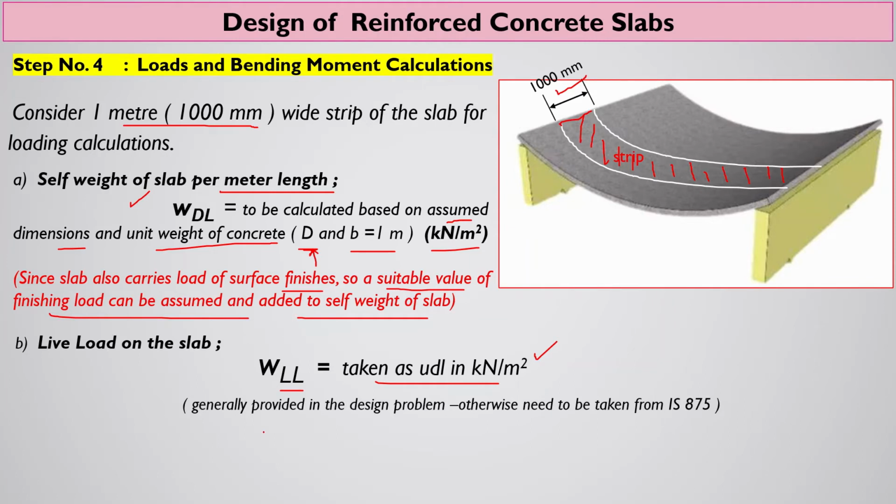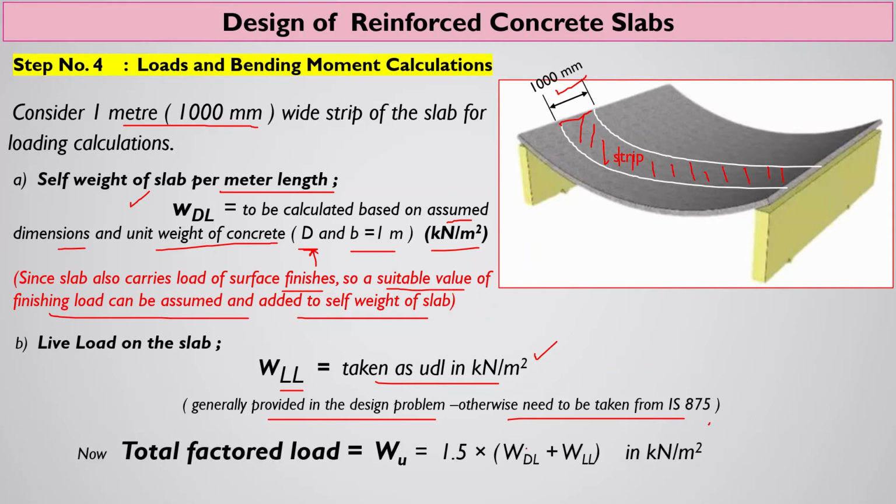So mostly this live load is provided in the design problem. If it is not provided, then just like we have done in case of a beam design, you have to take the help of IS 875. So total factored load we will be calculating. First of all we will be adding both the loads.